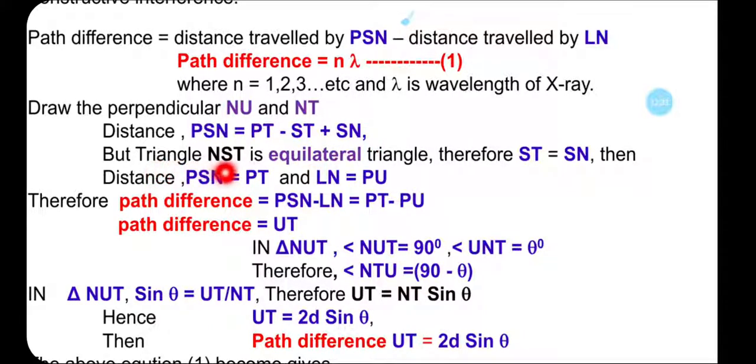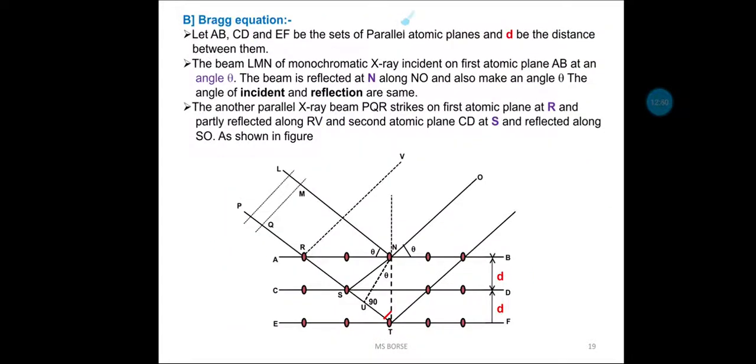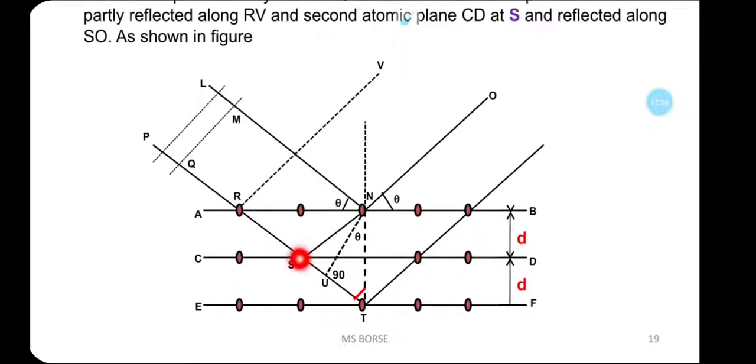But triangle SNT is an equilateral triangle. Therefore, ST is equal to SN, because the distance between the planes is the same.